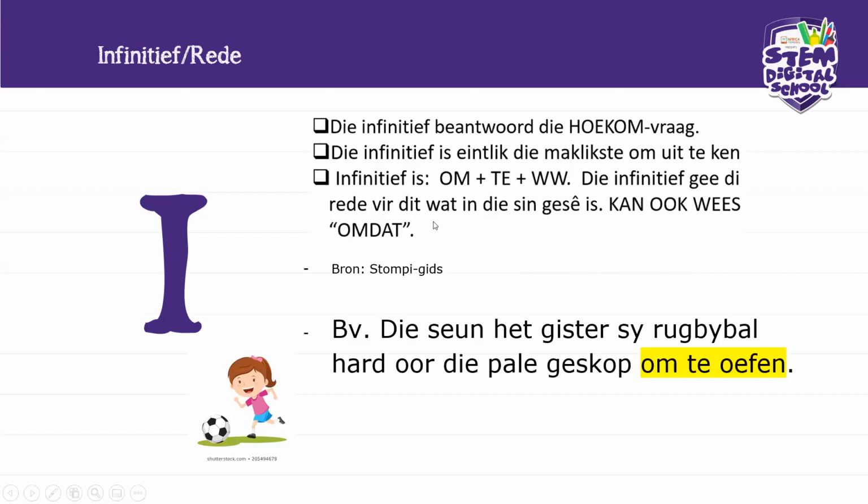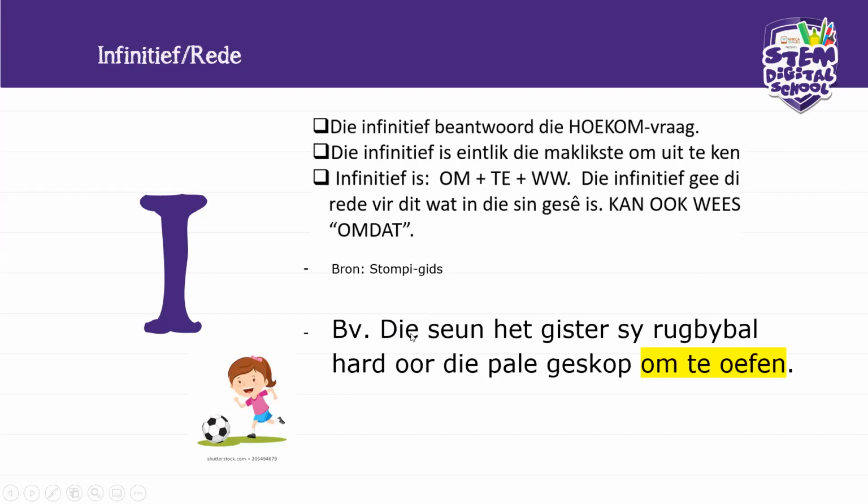But it can also be only te and the verb, or omdat and the verb. Die infinitief gee die rede vir dit wat in die sin gesê word. Dit kan ook omdat wees. So there are 3 ways: om plus te plus the werkwoord, or only the te and the werkwoord, or omdat and the verb.